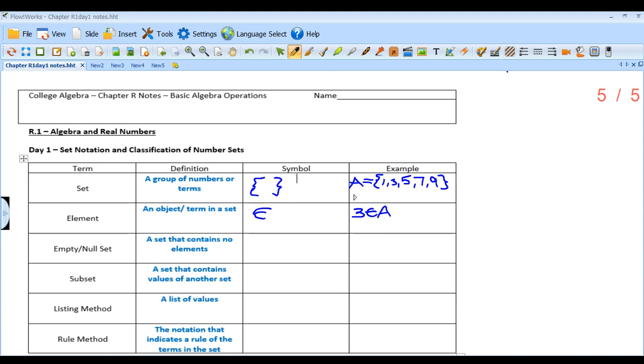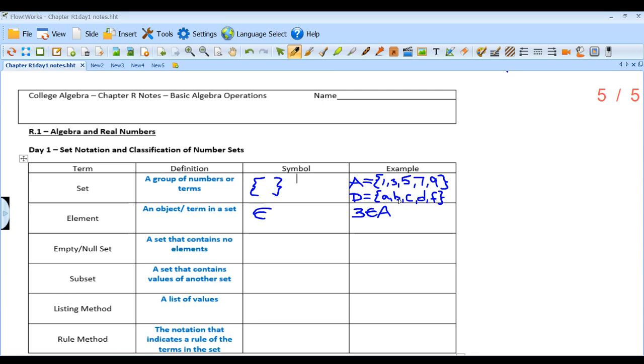If I also make another set, let's say set D. Again, we define a set with a capital letter. And let's say that set D contains the letters a, b, c, d, and f.